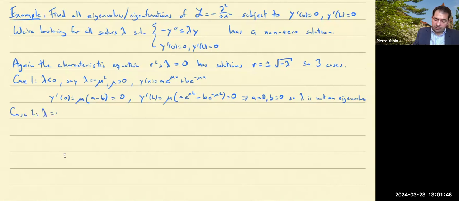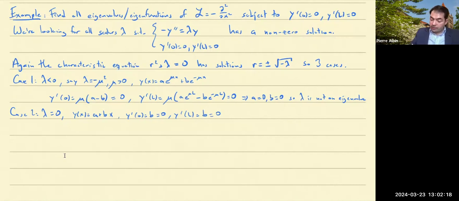Case 2, lambda equal to 0. Right, so then again, our equation becomes y double prime is equal to 0. So that means that y has to be a polynomial of degree at most 1. And then if we plug in our boundary condition, y prime at 0 is b, so that's 0. y prime of L would be, again, b equal to 0.